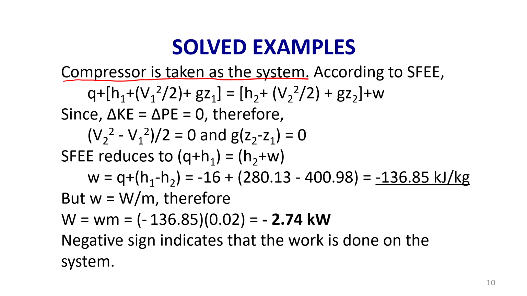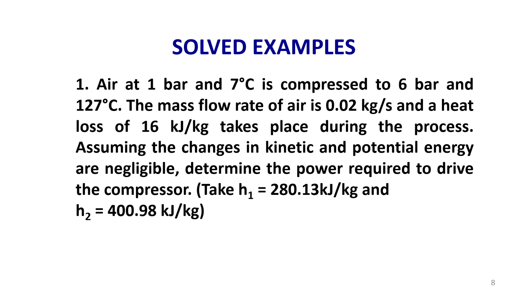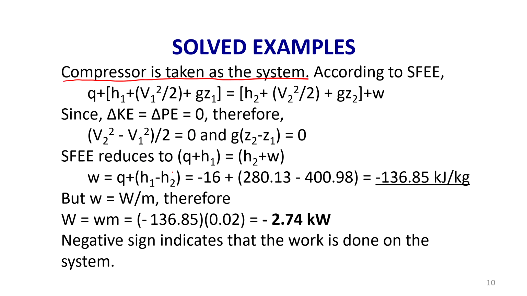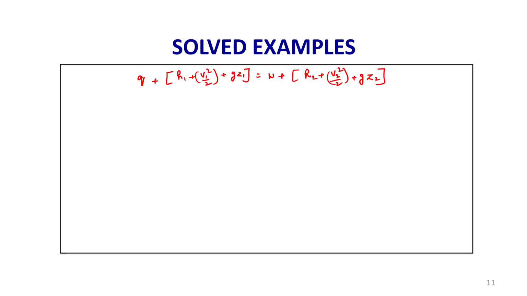If you read the question carefully, the changes in kinetic energy and potential energy are negligible. That means the change in kinetic energy, which is final kinetic energy V2 square by 2 minus initial kinetic energy V1 square by 2, is equal to 0.